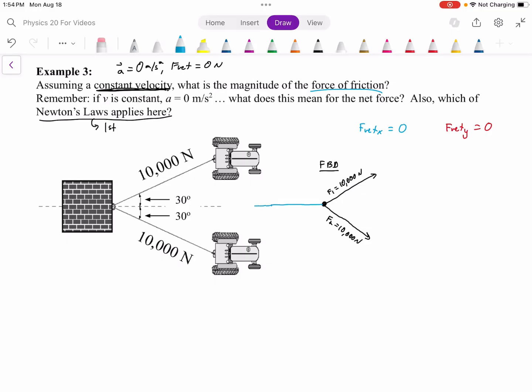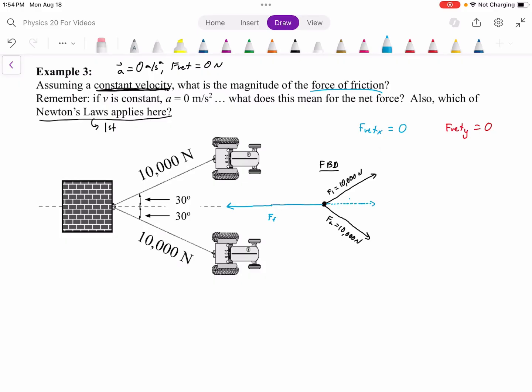So we know there's some force of friction pulling against those two forces. Now, how big is it? You might think I've drawn it a little too big, but don't forget, we have two forces pulling to the right. So this force of friction needs to cancel out both x components in order for the net x force to be 0. On our free body diagram, we can add in our x components.